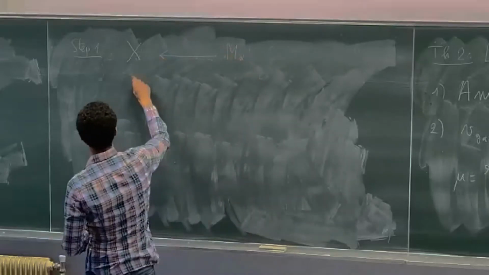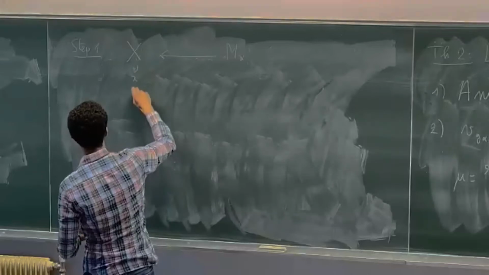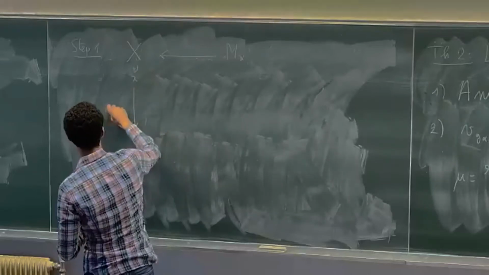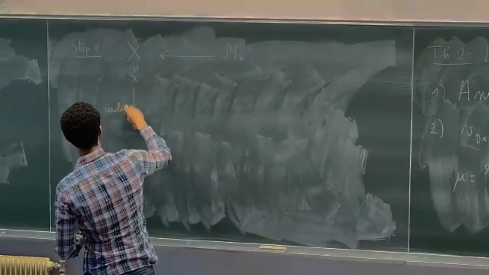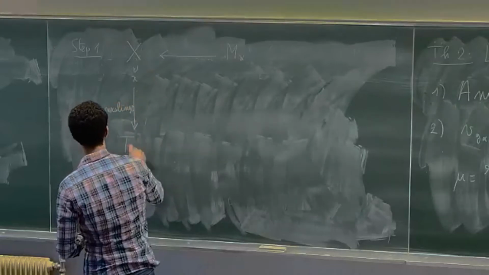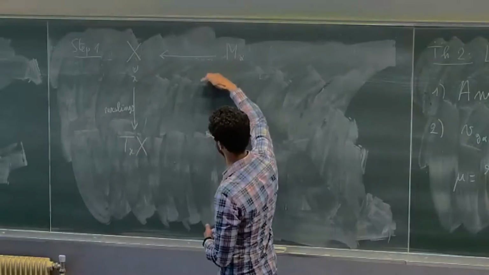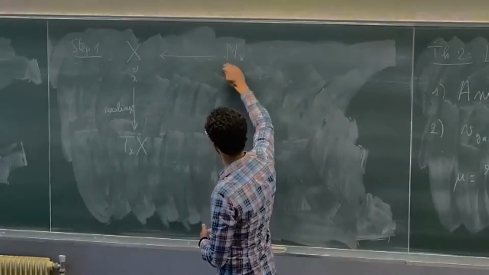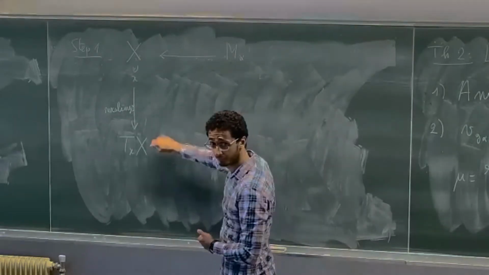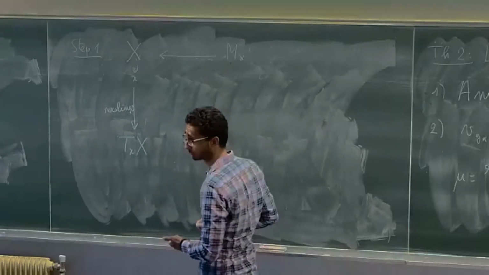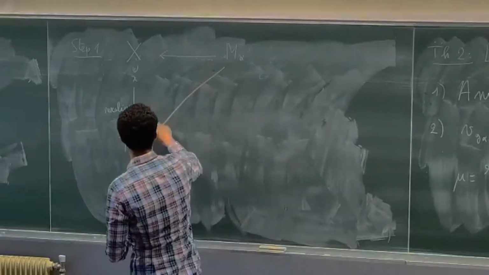Then you take your point x in X, and you rescale the space to get the tangent space, the tangent cone. And here you can just rescale the manifolds themselves in order to make them converge to the tangent cone.